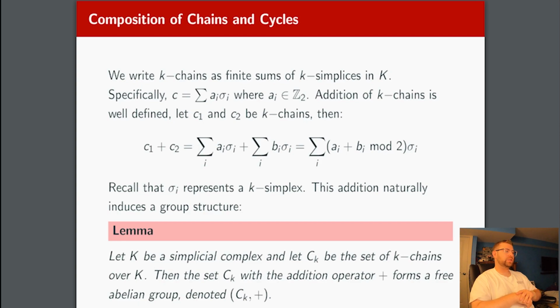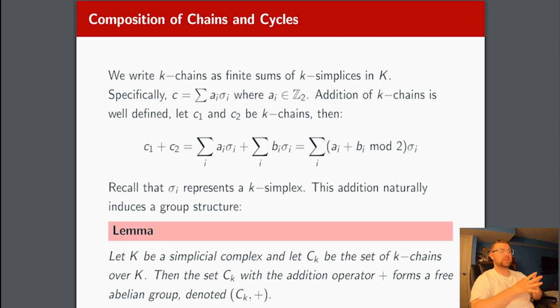So if I have a simplicial complex K, and I take the set of all k chains on this thing, remember chains are just connections, right? Exactly what you would think they look like. Let's call that set C. So I collect all the chains, and if I take this C with the addition operator above, it actually forms the free abelian group.